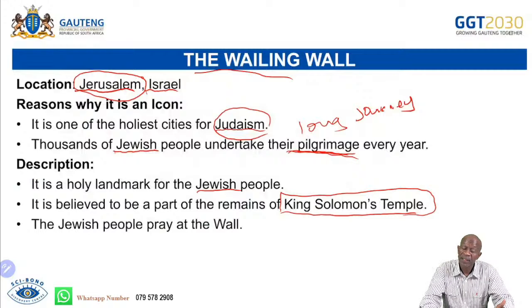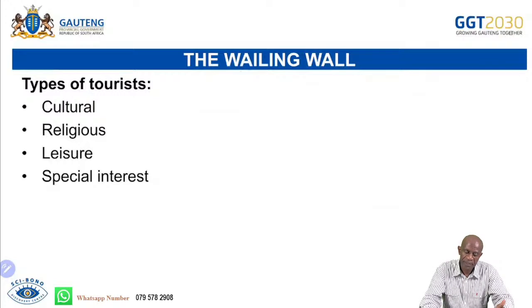Right. As we move further to assess another attraction icon, or rather, let's look at the types of tourists that visit the Wailing Wall. It is both cultural and religious. You have leisure tourists and special interest. So some of the tourists would want to learn more about the Jewish people, and they can find information over there.